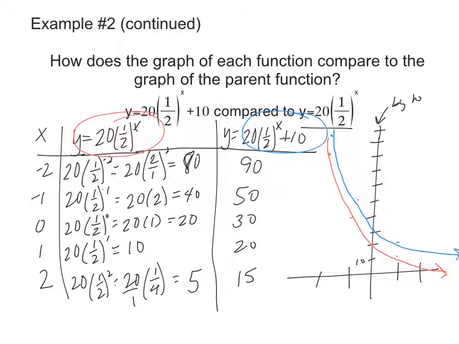So this one hasn't necessarily done any horizontal shifting, but it has done a vertical shift. So this one has shifted up 10 units. Right, and it's very easy to see specifically here because the difference between this line and this line is 10 units. So it shifted up 10 units.